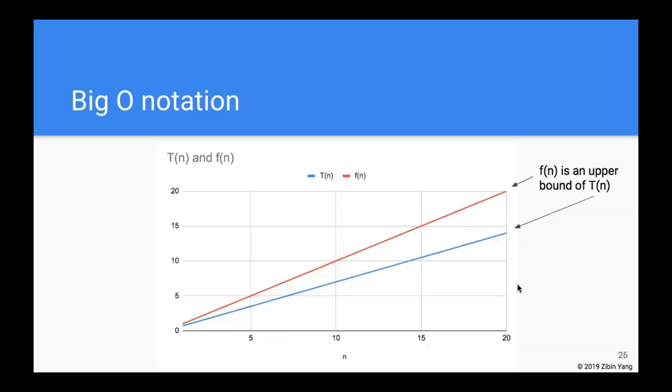And if you want to see what it looks like pictorially for a linear function, T(n) is a linear function. It's just a line. So f(n) will be an upper bound for it. And so we just say T(n) is really big O of n. Again, for the largest function that we wrote.